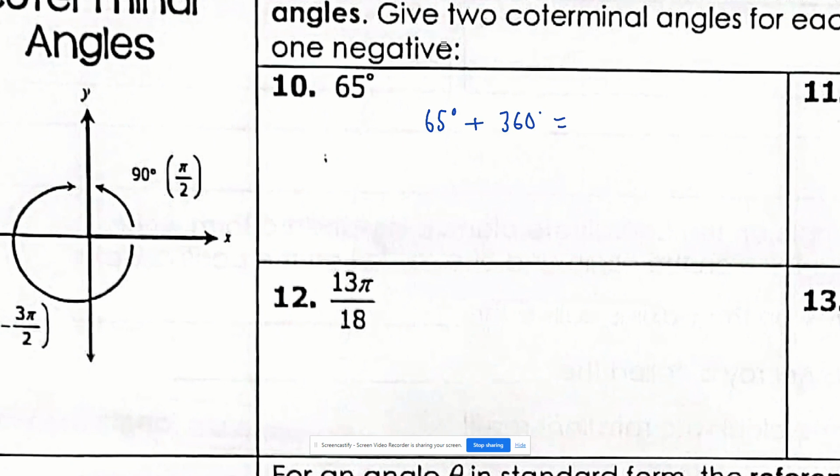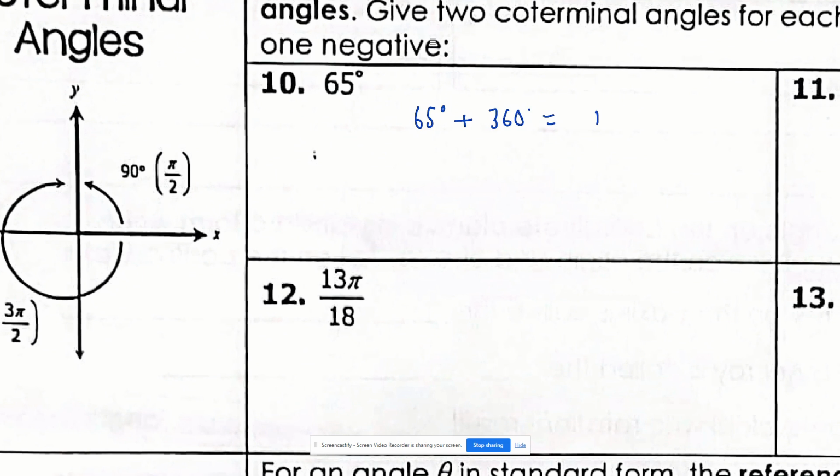You're going back around the circle until you get back to that same location. That's the next positive coterminal angle. So what is 65 plus 360? That, I promise, is located in the exact same location as 65 degrees. You just had to go around once. Now, could I come up with another negative coterminal angle with 65?